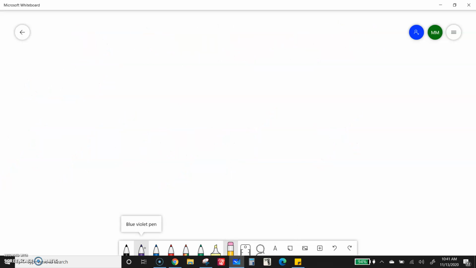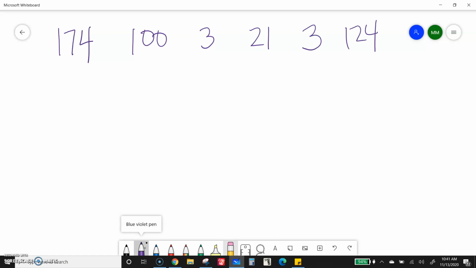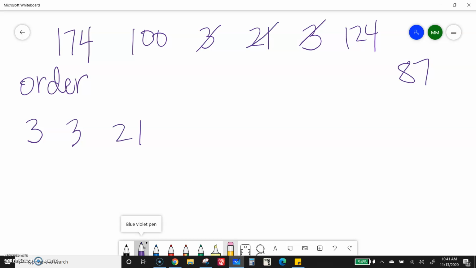Let's do another example, and then I'm going to do a harder one that has an even number of numbers. So if I have 174, 100, 3, 21, 3, 124, and 87. Okay, first step, put them in order. Least to greatest, 3, 3, 21. Notice I can also cross them off as I go, so I know that I got them, because it can be hard to keep track of. 124.